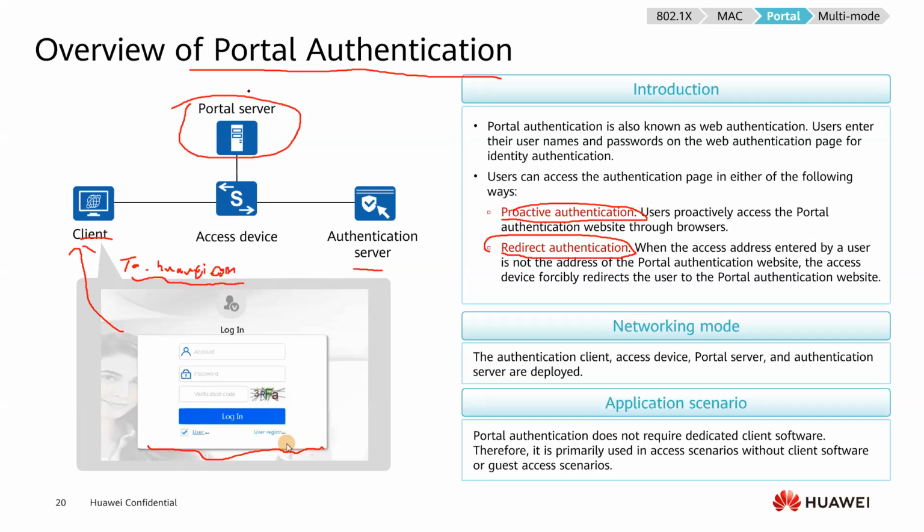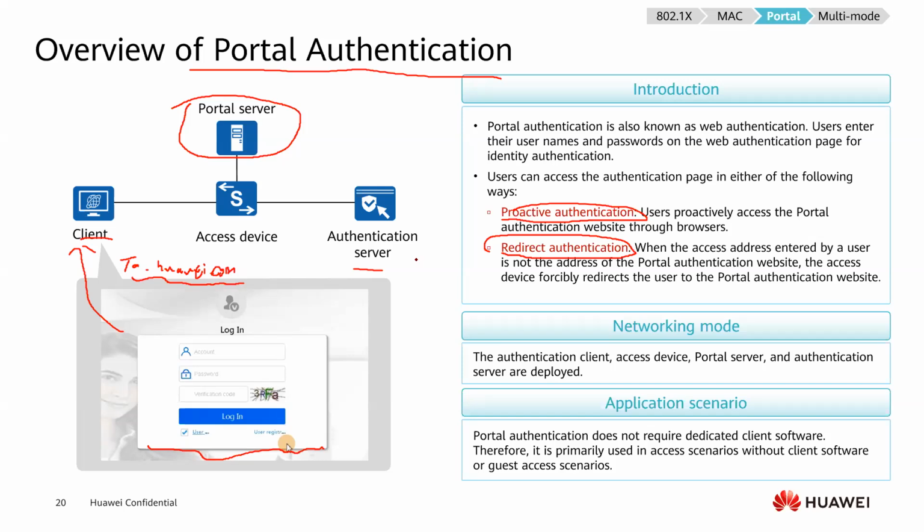The portal server is used to provide the authentication web page to the client. This kind of authentication is normally used for scenarios where a guest wants to connect to the enterprise network.